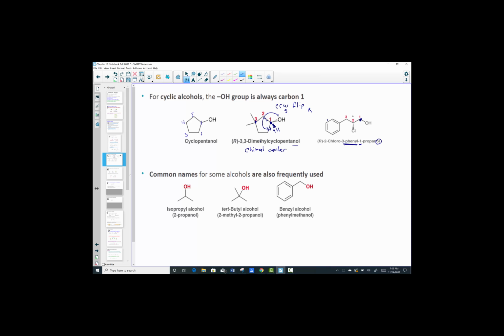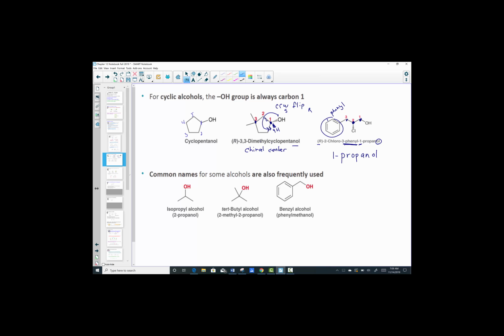The carbon chain is 3 carbons long, so we can hear the base name, the parent chain, being propanol, and knowing at carbon 1 we have an OH. Carbon 2 is a chiral center, so this is why I'm seeing the R configuration. The chirality would have it spinning clockwise. And then at carbon 3, we have a phenyl group listed as its substituent. Alrighty, so all just that practice of how to put the names together.